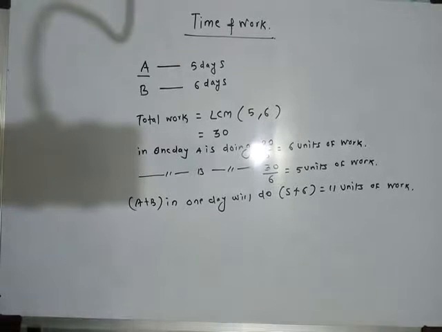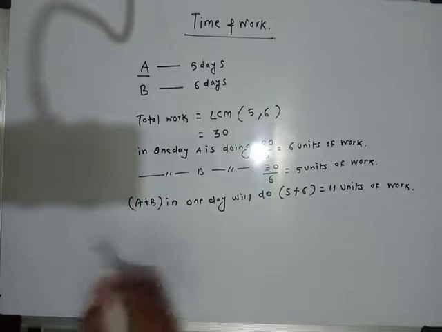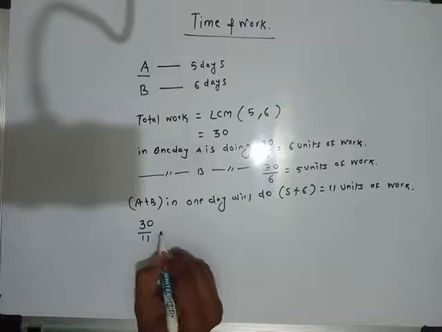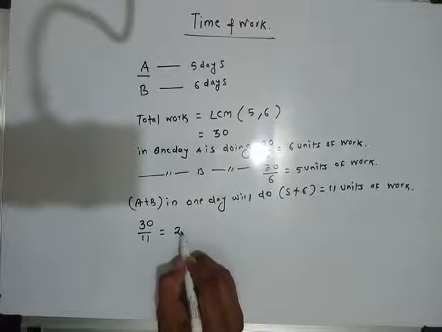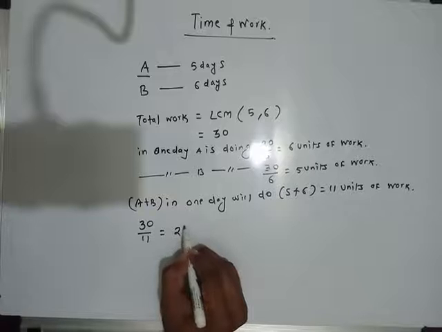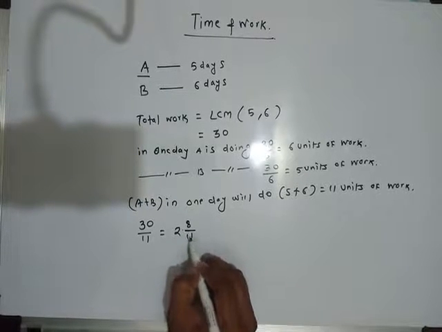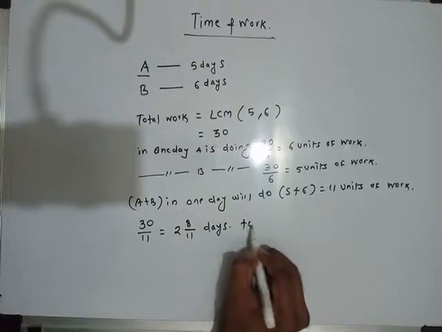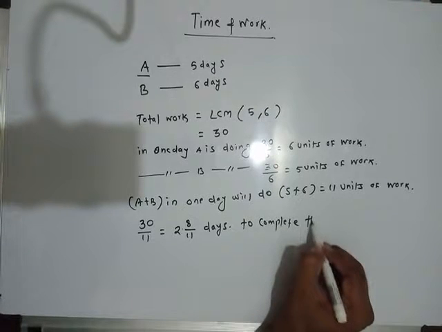So they do 11 units of work in one day, and they are supposed to complete 30 units of work. So they will take 30 divided by 11, which is equal to 2 8 by 11 days to complete the work.